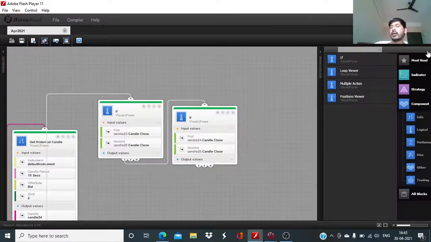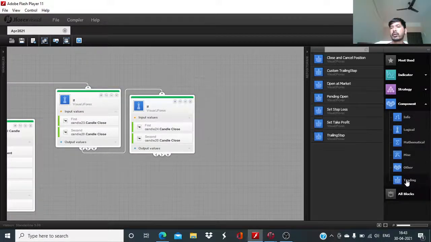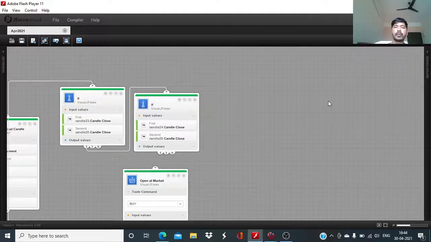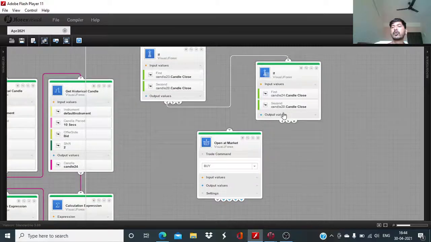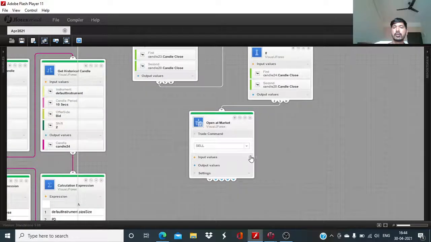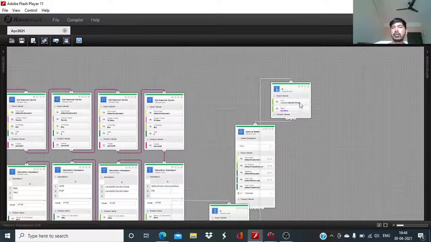And after this we will bring in the trading block. Open at market, first input greater than second input, this is going to be sale, input values which we have to define now.